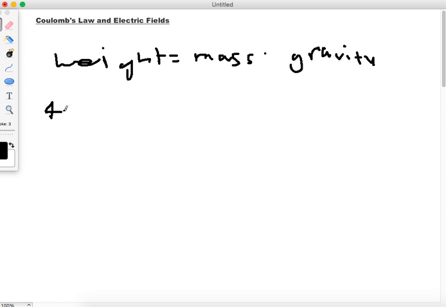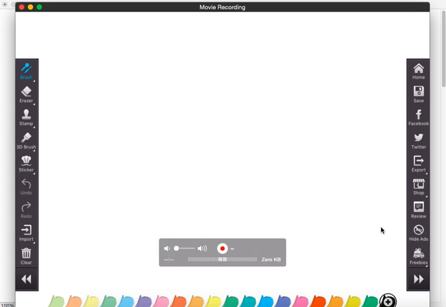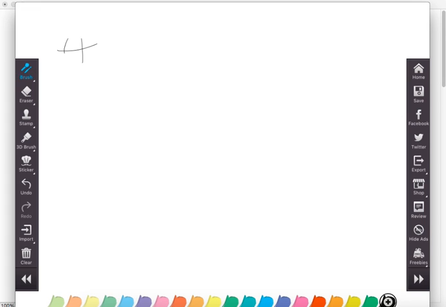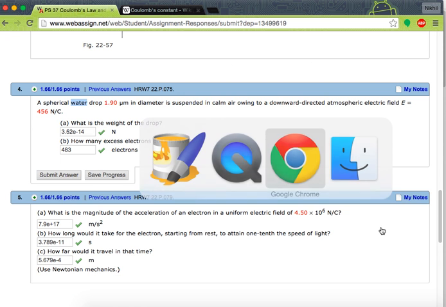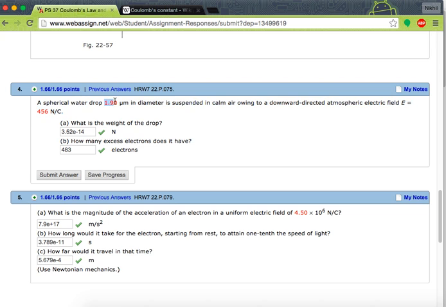So 4/3, actually let me do this on here so it's a little easier. 4/3 pi radius cubed. So what is the radius? Radius is this divided by 2, because this is the diameter.